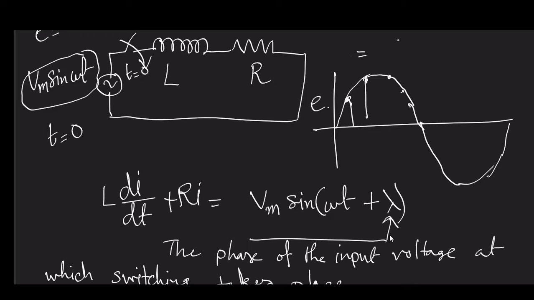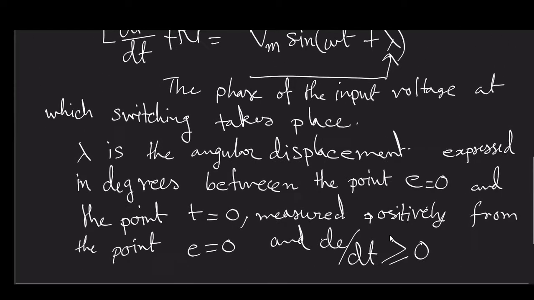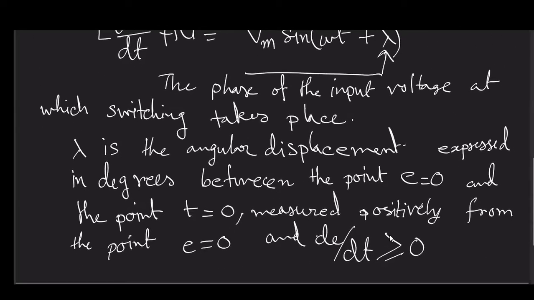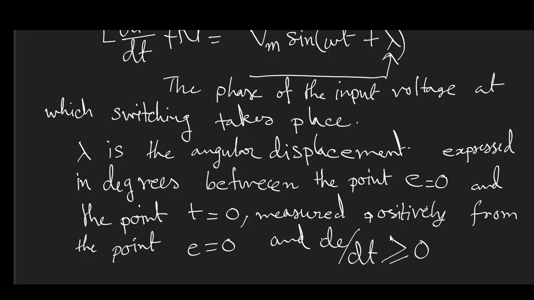What I told you here is that the phase of the input voltage at which switching takes place, lambda, is the angular displacement expressed in degrees between the point where E is equal to 0 and the point T is equal to 0, measured positively from the point E is equal to 0 and dE/dt is greater than or equal to 0.